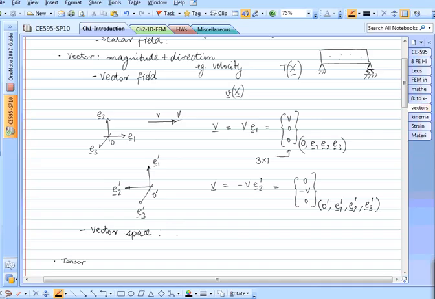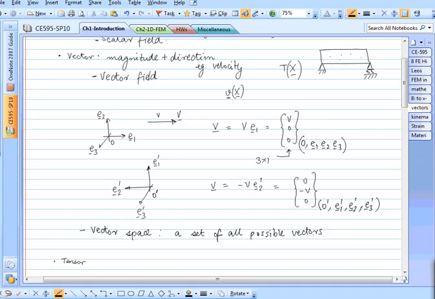And so a vector space has a little more technical mathematical definition, but for our purposes, we are going to say that a vector space is a set of all possible vectors.